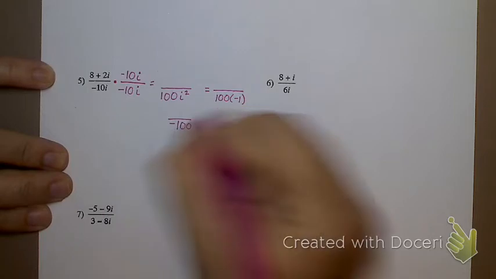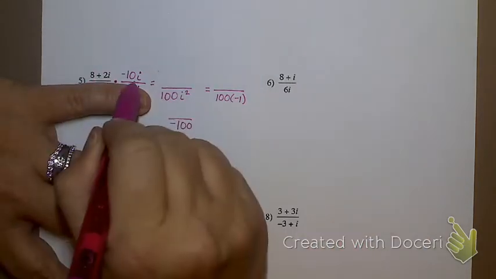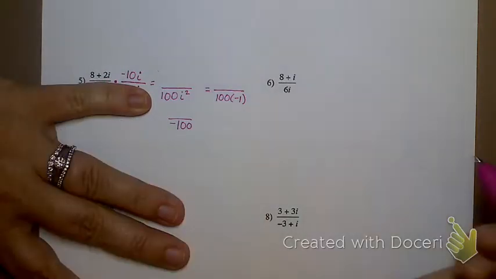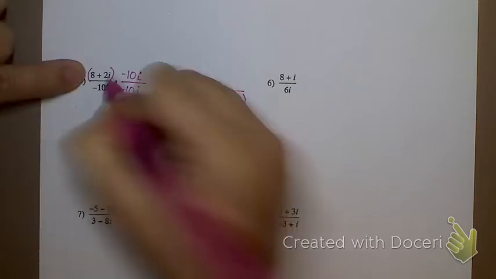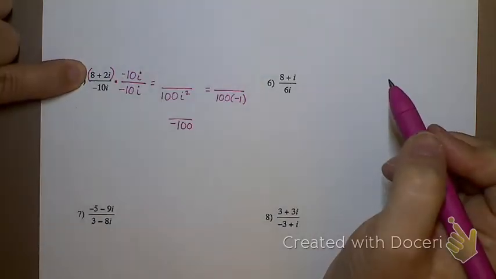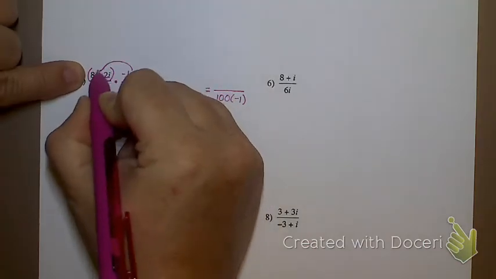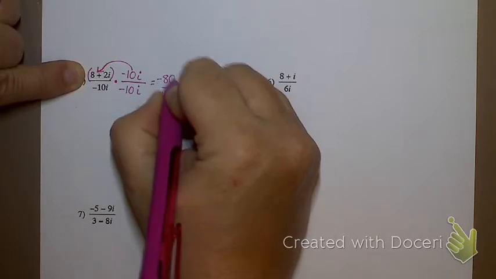All right, now let's look at our numerators. I have one term being multiplied by two terms. So I need to put that in parentheses and distribute. Negative 10i times 8 would be negative 80i.